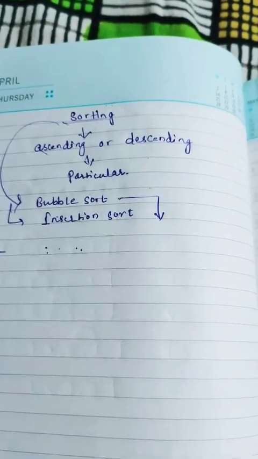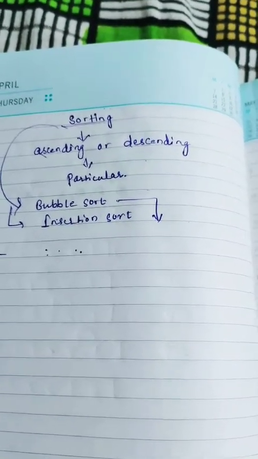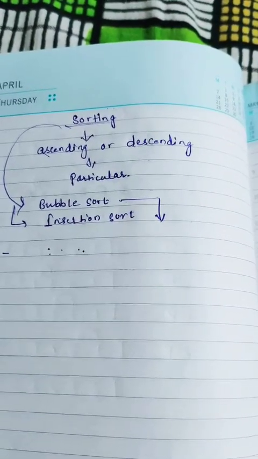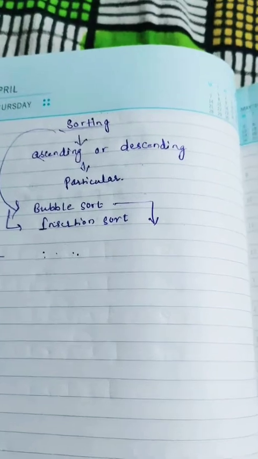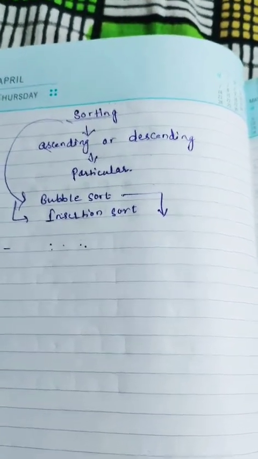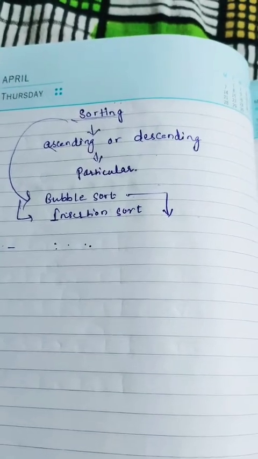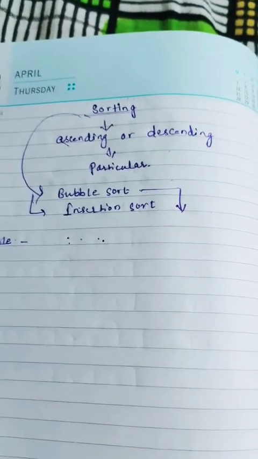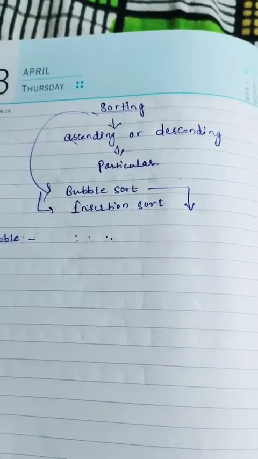If you are going to change in descending order, if the nearby element is greater than, it will come in front. So it is according to the order in which you are going to apply in your elements.